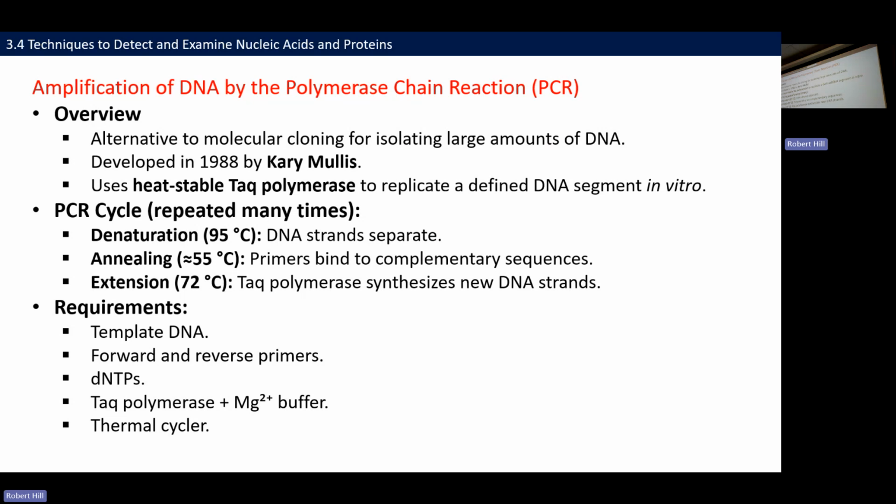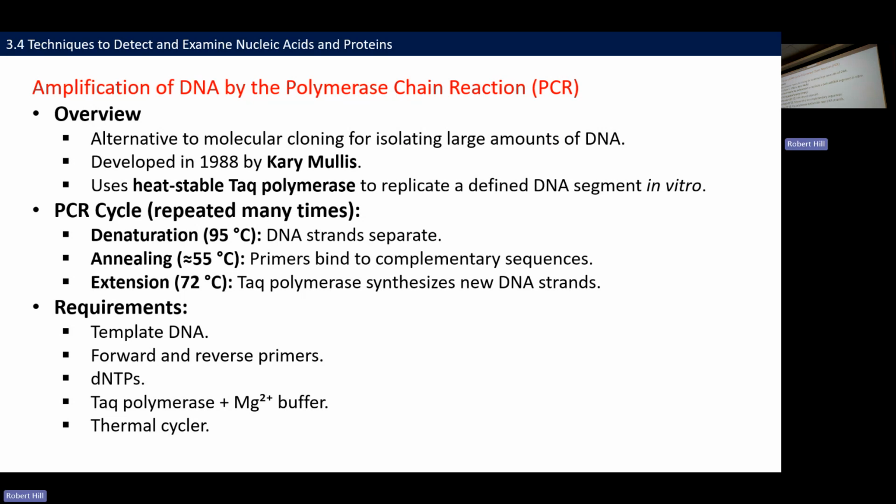At 95 degrees Celsius, you break the hydrogen bonds and the 2 strands of DNA come apart. So now you've exposed the nucleotides to potential primers that you want to bind to it. The second step is getting those primers bound to the DNA, which is an annealing step. And that usually happens at about 65 degrees Celsius.